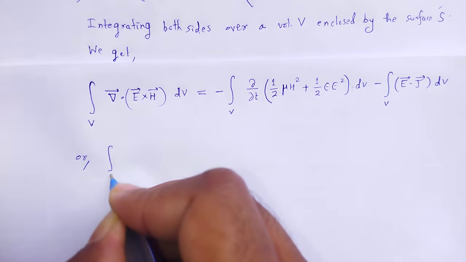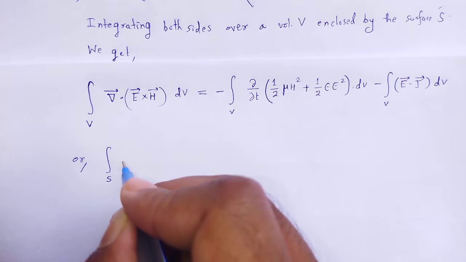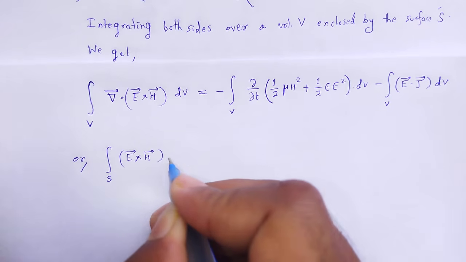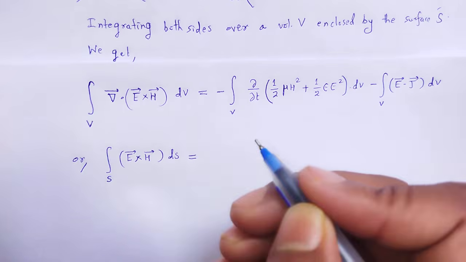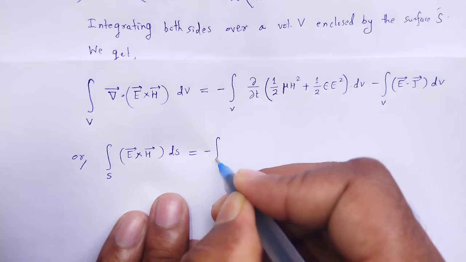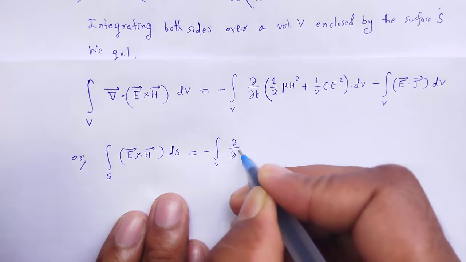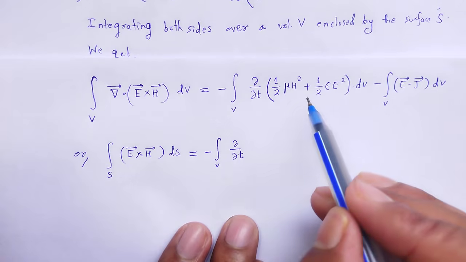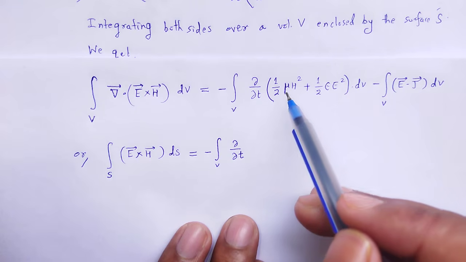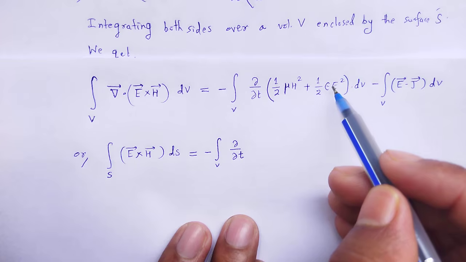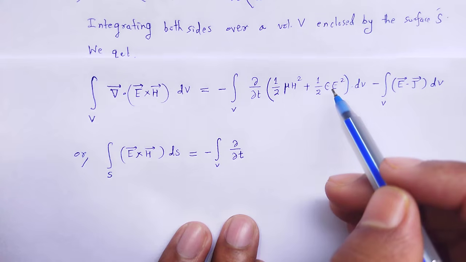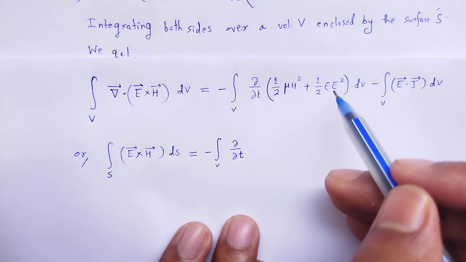That volume integral can change to that of surface integral E cross H dS is equal to minus V del by del T. In that bracket term, half mu H square is the energy density due to that of magnetic field, and half epsilon E square is the energy density due to the electric field.